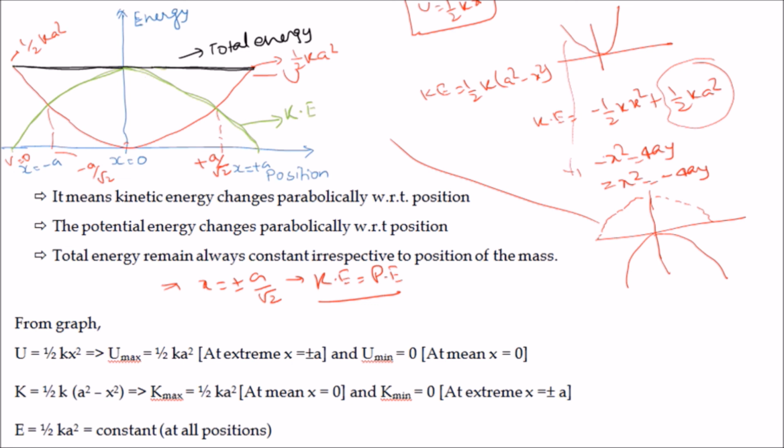Similarly, the kinetic energy is given by the formula half k (A square minus x square), and the maximum kinetic energy is equal to half k A square, which is observed at x is equal to 0, and the minimum kinetic energy is observed at the extreme point, that is x is equal to plus minus a, where velocity is equal to 0, and the total energy is constant and it is equal to half k A square for all positions.